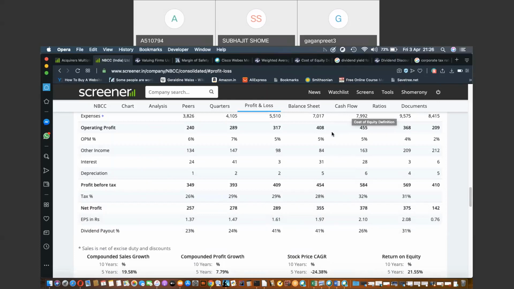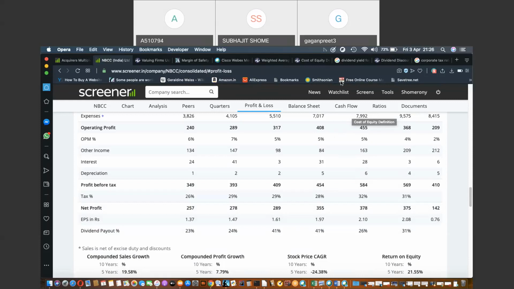So how much is your EBIT, earnings before interest and tax? It is 612. Okay, so EBIT is 612.